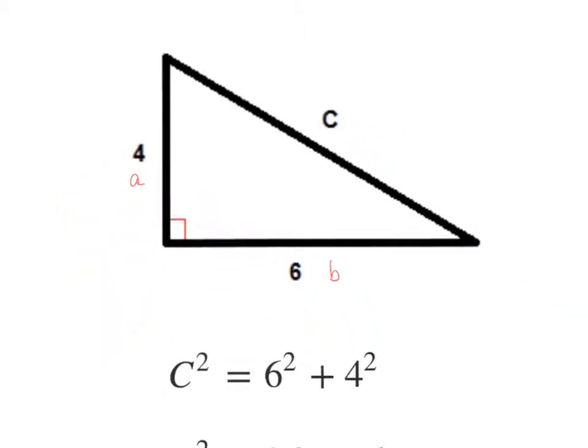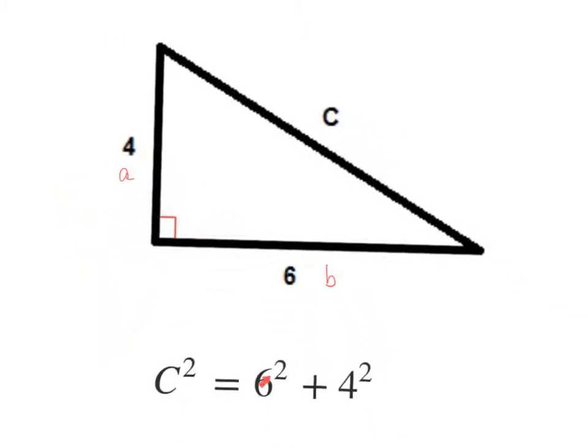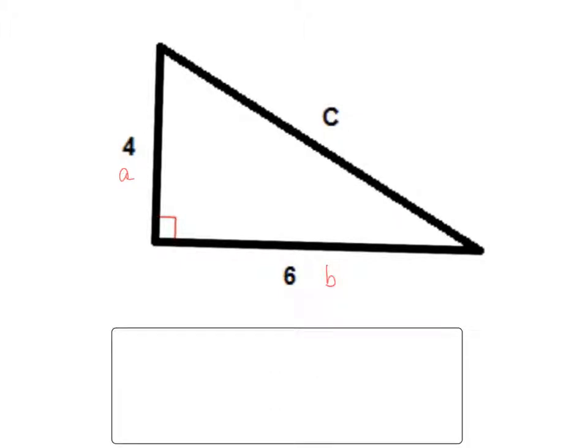So here's my A, let's say I call this A squared. A squared plus B squared equals C squared. Then A is 4, so I would say 4 squared plus B squared, B is 6, 6 squared equals C squared.